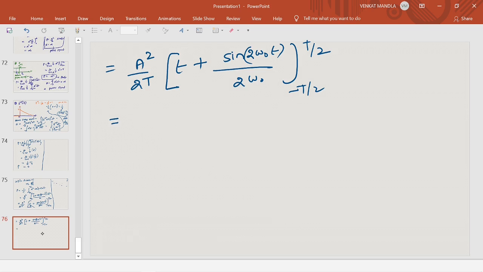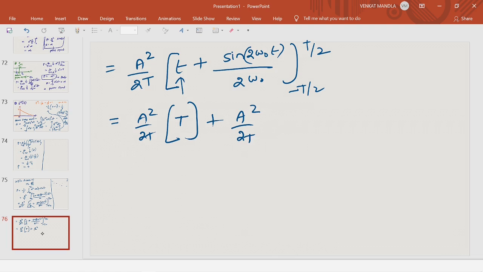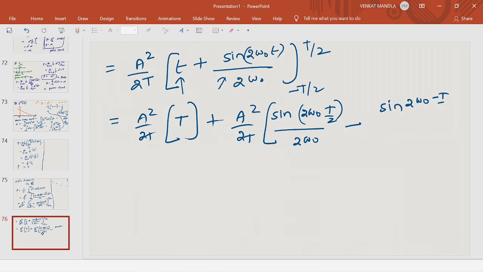First substituting T by 2 in the first term, T by 2 minus of minus T by 2 gives T. Next, a square by 2T into sin 2 omega naught T by 2 by 2 omega naught minus sin 2 omega naught minus T by 2 by 2 omega naught.